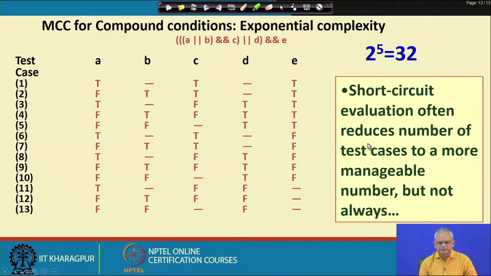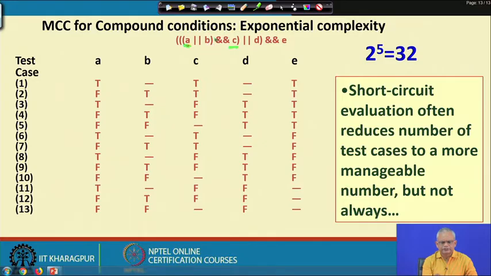Short circuit evaluation means that the compiler, while evaluating, infers whether it needs to evaluate further. For example, let us say A is true, and let us say C is true, then for the others the compiler does not really bother, because they will have no effect.